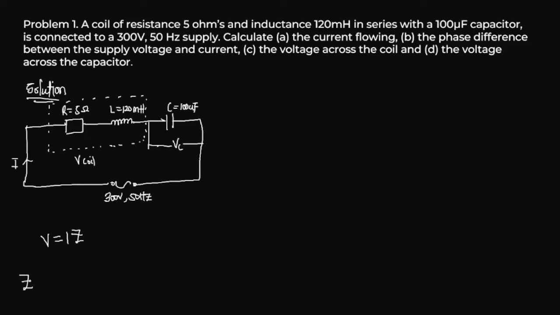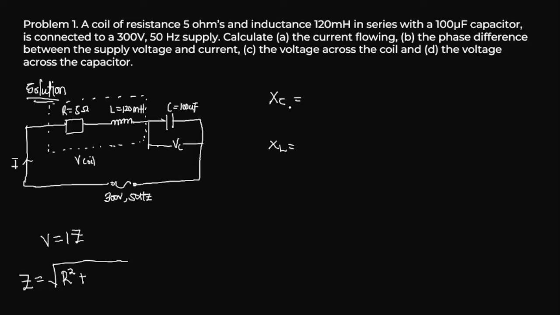The impedance will be equal to the root of R squared plus, depending on whether XC or XL is greater, that will tell us what the formula is going to be. So let's calculate our capacitive reactance XC and our inductive reactance XL to find which of them is bigger.